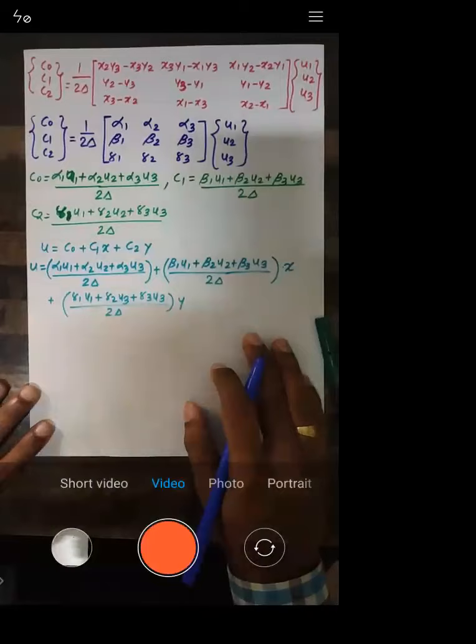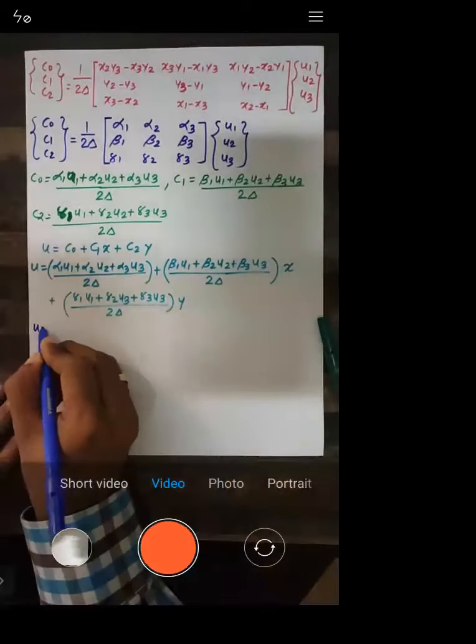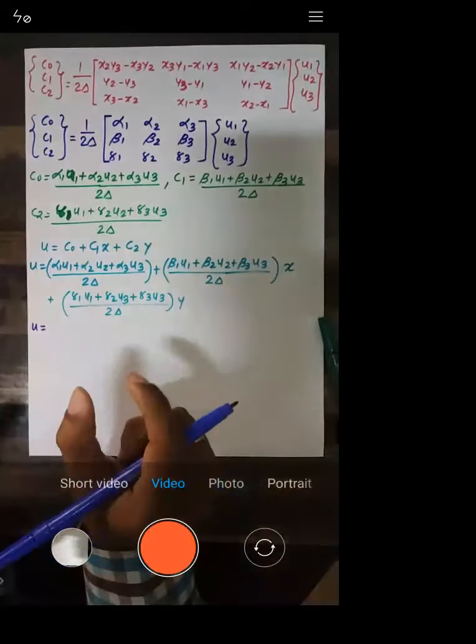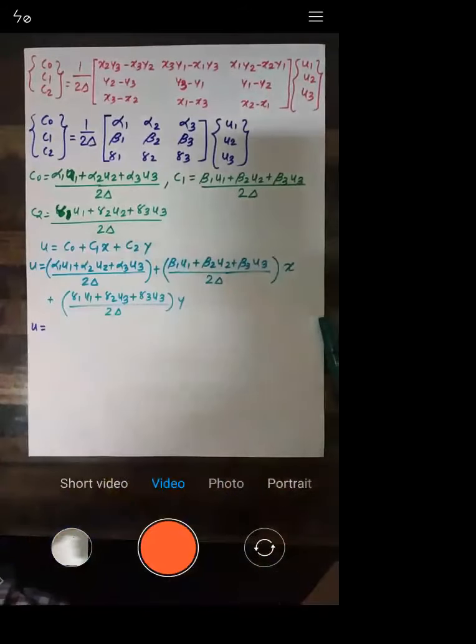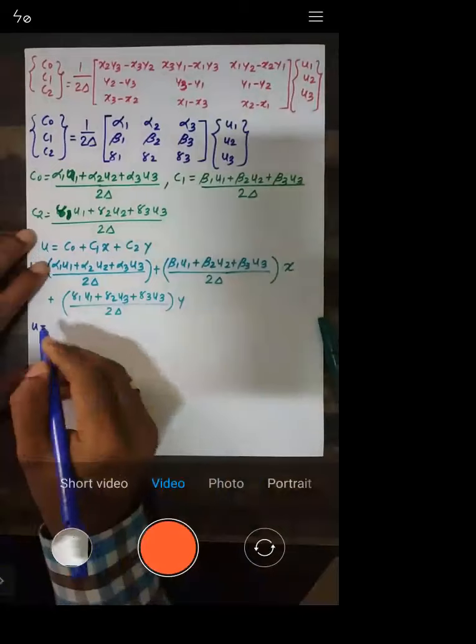Let us rearrange this. I will rearrange it in the form of coefficients of U1, U2 and U3.